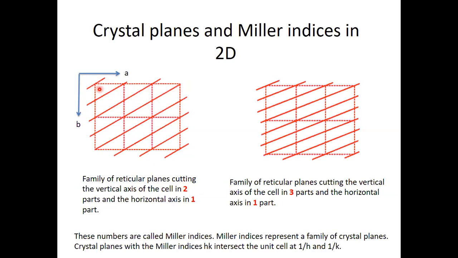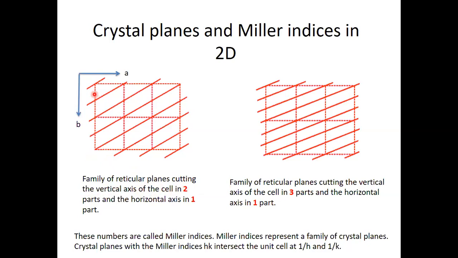You see here one family of crystal planes that have the same interplanar distance d. When we look at these crystal planes more closely, we can see that with respect to the vertical axis, here in b direction, the lattice planes cut the vertical axis into 2 parts.